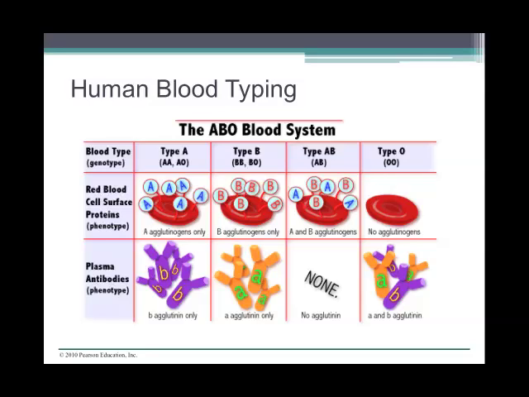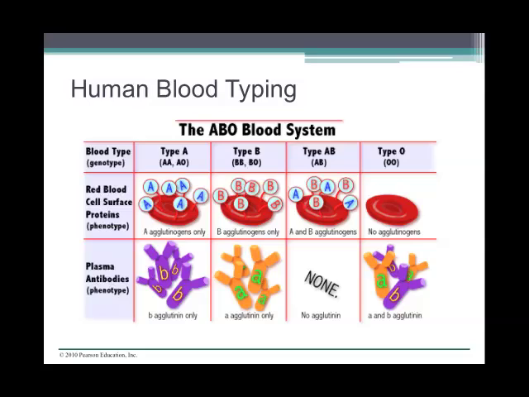So if you see the type A blood, it's got A antigens on its surface. That's what it's trying to show. And then if you look at the bottom picture, those are the antibodies. Antibodies are Y-shaped. They're protein. They're in the plasma.